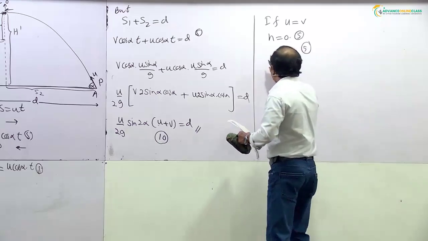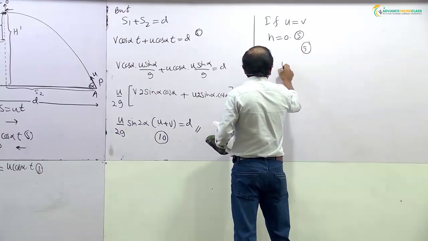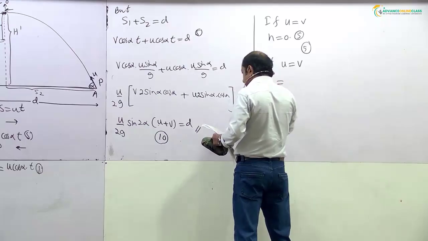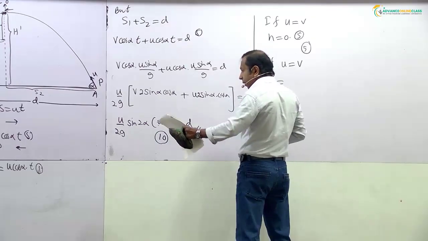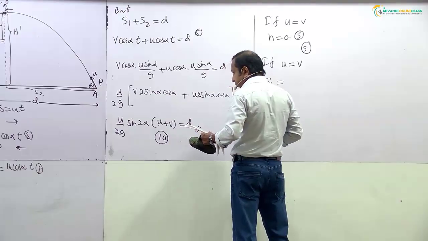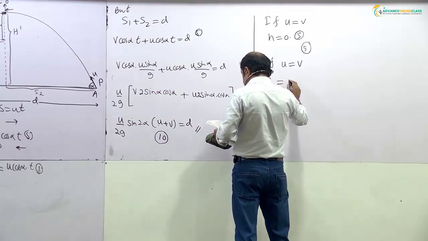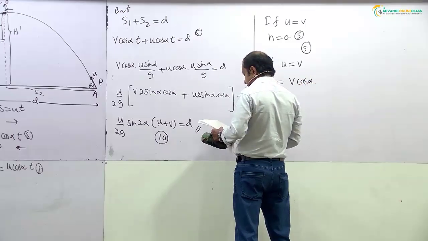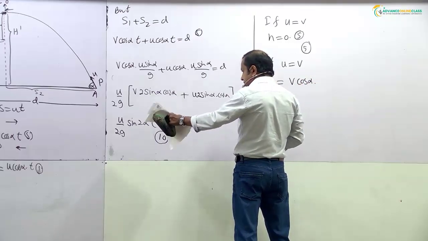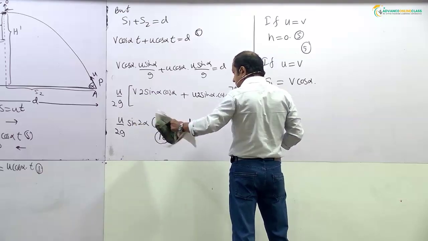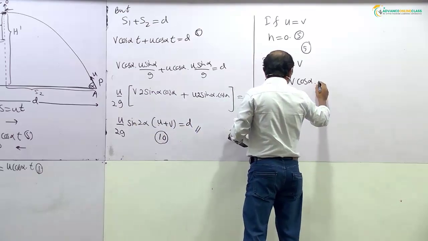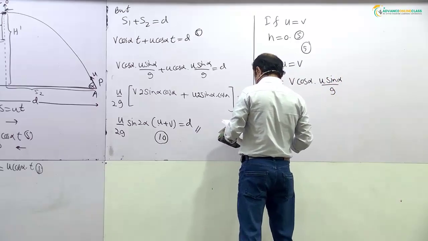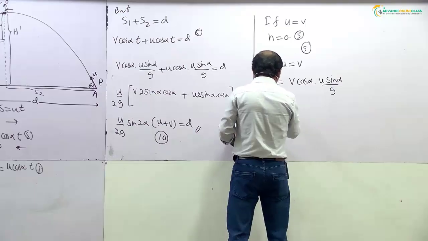Right. Now, furthermore, we can write if U equals V, S1 I can write. S1 I can write V cos alpha, right? S1 means V cos alpha T, no? In that equation, T equals U sin alpha over G. Okay, this is nothing but S1.